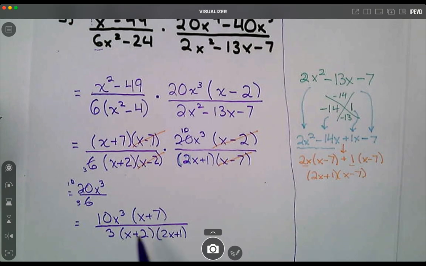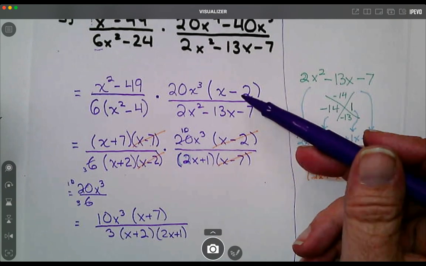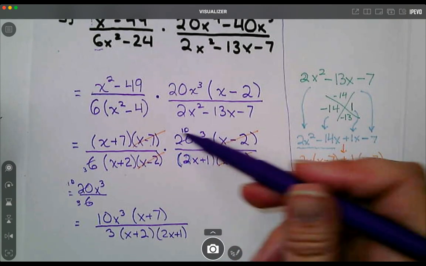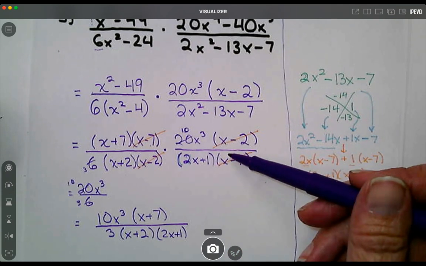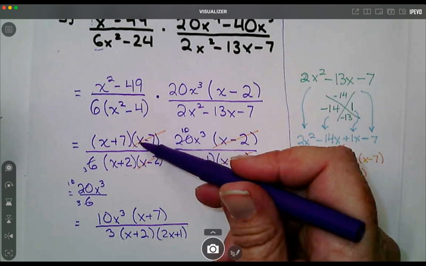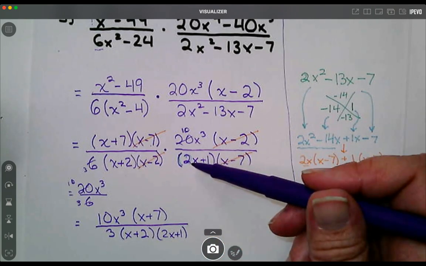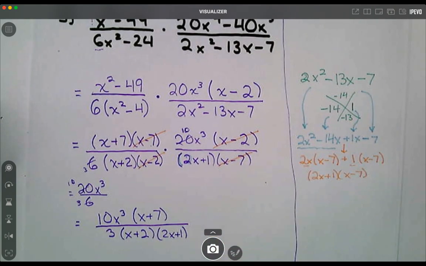And that's my answer. I want to go back and check, make sure that I didn't do anything incorrectly on my canceling. Like the minus 7 canceled with x minus 7, x minus 7. X plus 7 stayed. X plus 2, 2x plus 1. I got it.